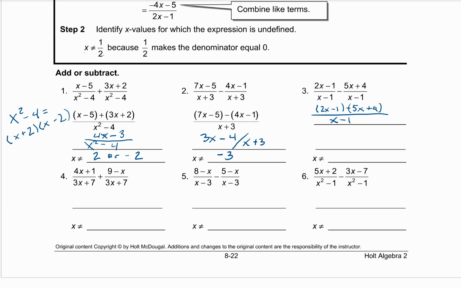So 2x minus 5x is negative 3x. Negative 1 minus 4 is negative 5. And we are over x minus 1. So x cannot equal positive 1. I hope you get the idea. I'm not going to do these other examples. If you want to, knock yourself out.